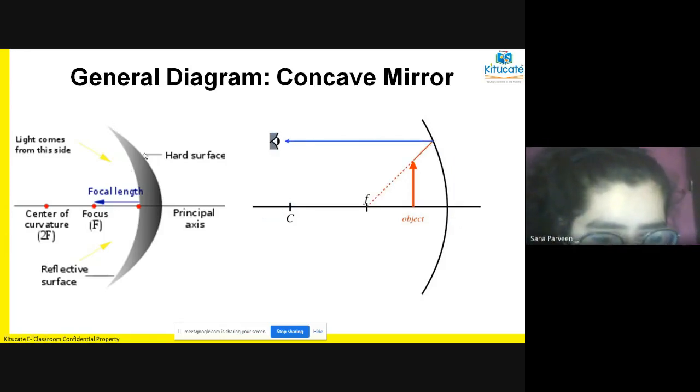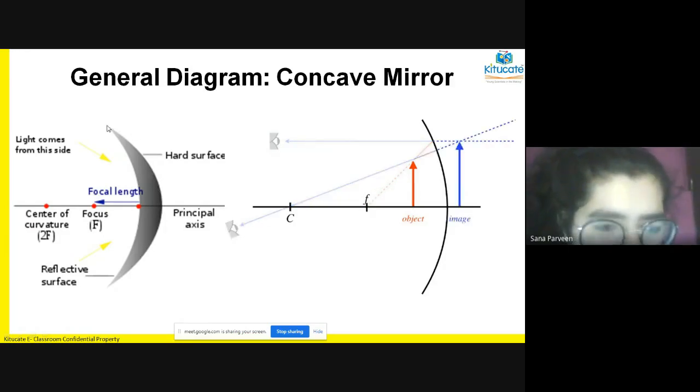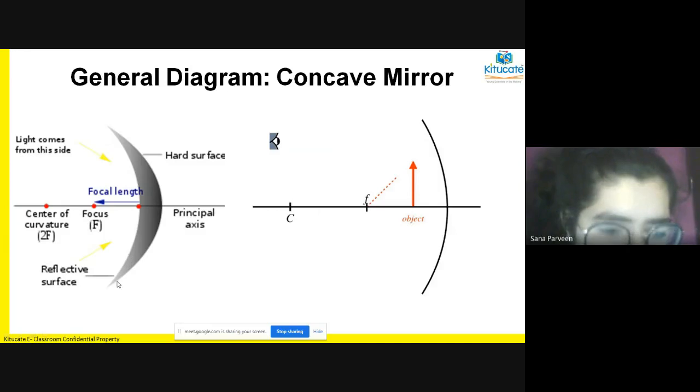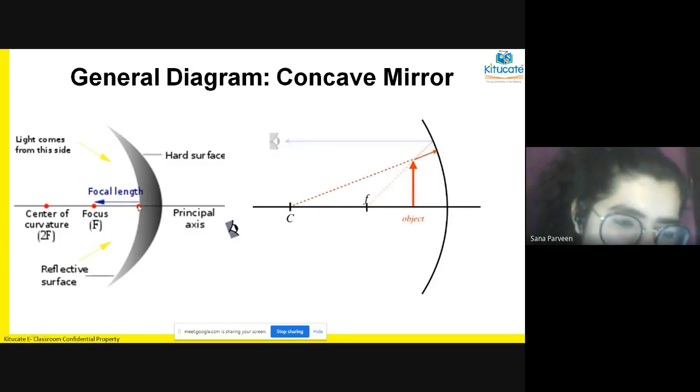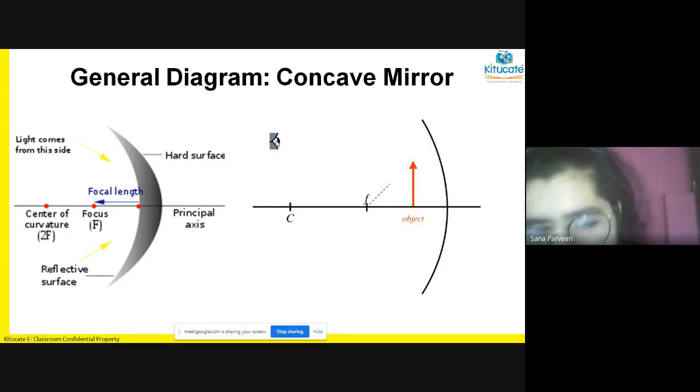So we have applied a silver coating on this side to make it a hard surface, and this inside is the reflecting surface where the light is going to be reflected. The light comes from here and it is going here. Now see, in this there is this eye and the object is reflecting.